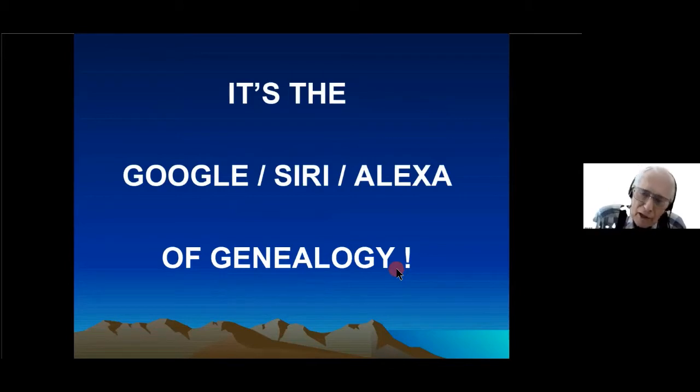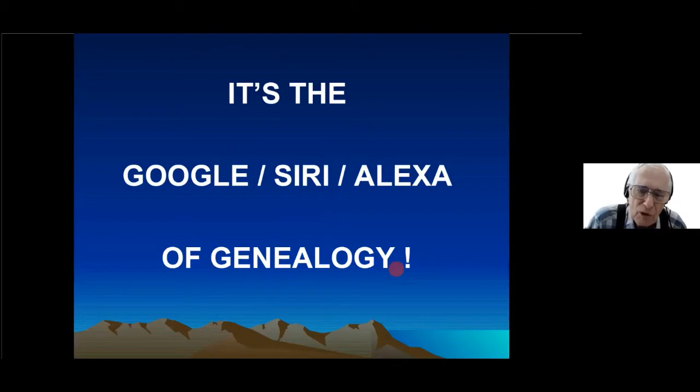It occurred to me yesterday, as I was mulling over this, that the wiki is the Google, Siri, Alexa of genealogy. I don't know how many of you have an iPhone with Siri or an Alexa Dot, but I do. I ask Alexa, how do I bake a potato in a microwave? And Alexa tells me what steps to follow.